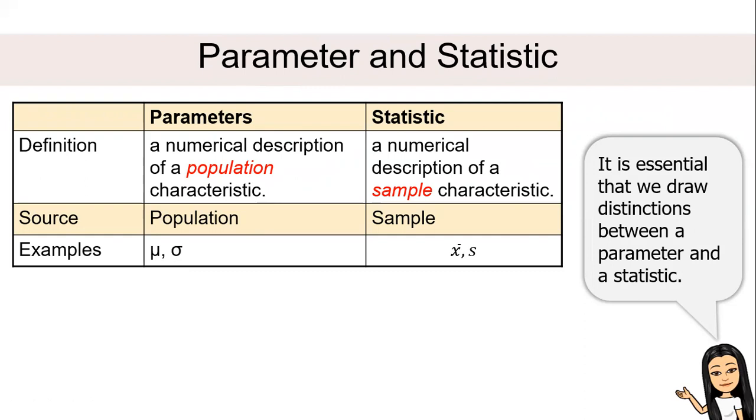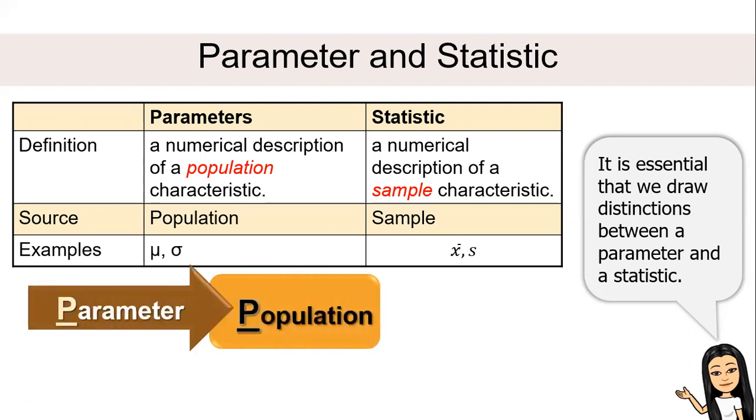And when we speak about statistic, it is a numerical description of a sample characteristic. That's why remember that your statistic is taken from the sample. And we have here your sample mean and your sample standard deviation as well.